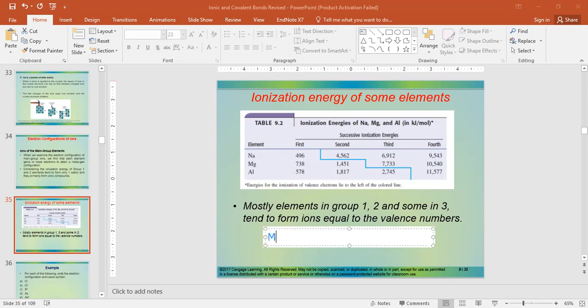So magnesium is 1s2, 2s2, 2p6, and 3s2. While for aluminium, we have 1s2, 2s2, 2p6, 3s2, and 3p1.